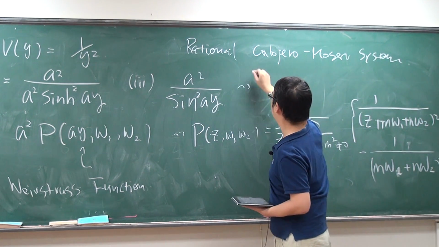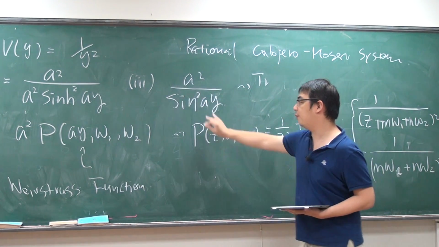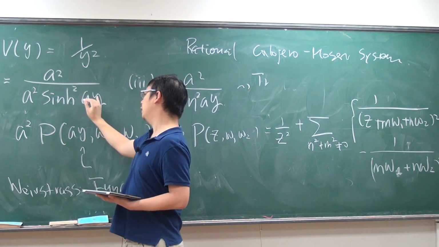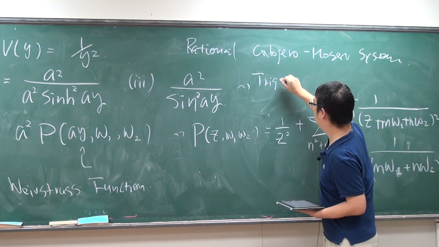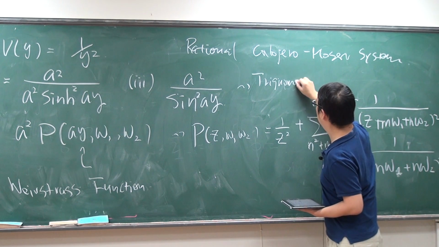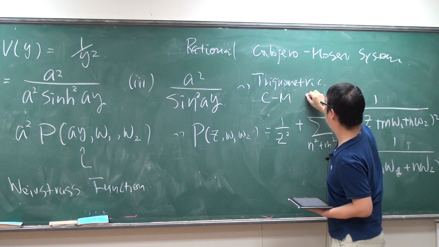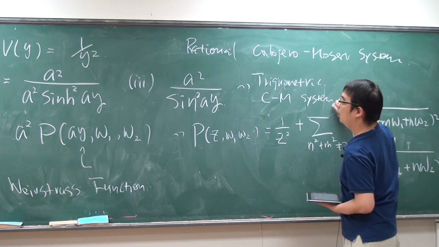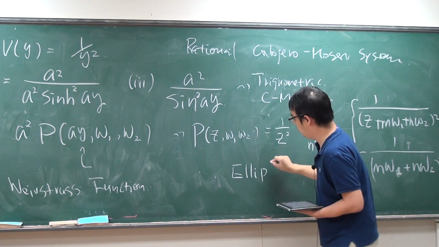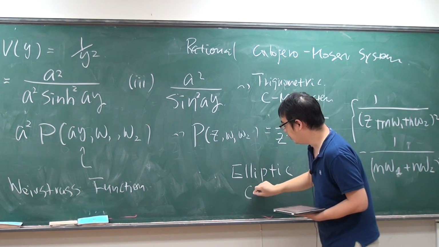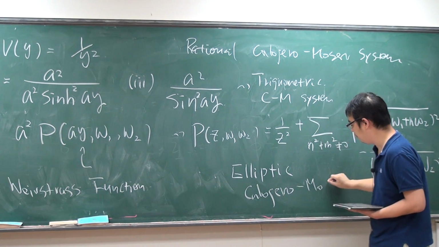And this is the trigonometric, simply because it involves those trig functions, or for the complex y, that will be hyperbolic, but this will be a trigonometric Calogero-Moser system. And the last one will be the elliptic Calogero-Moser system.